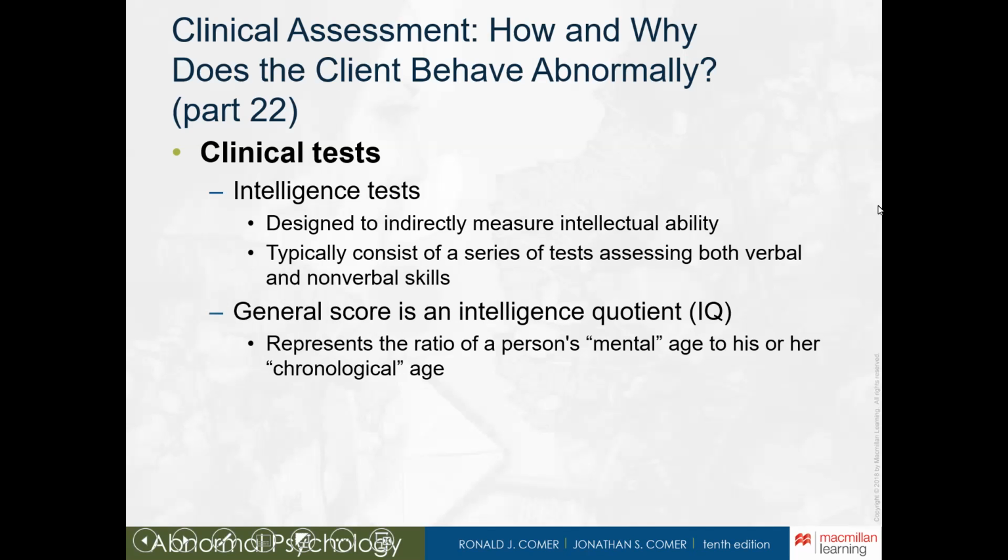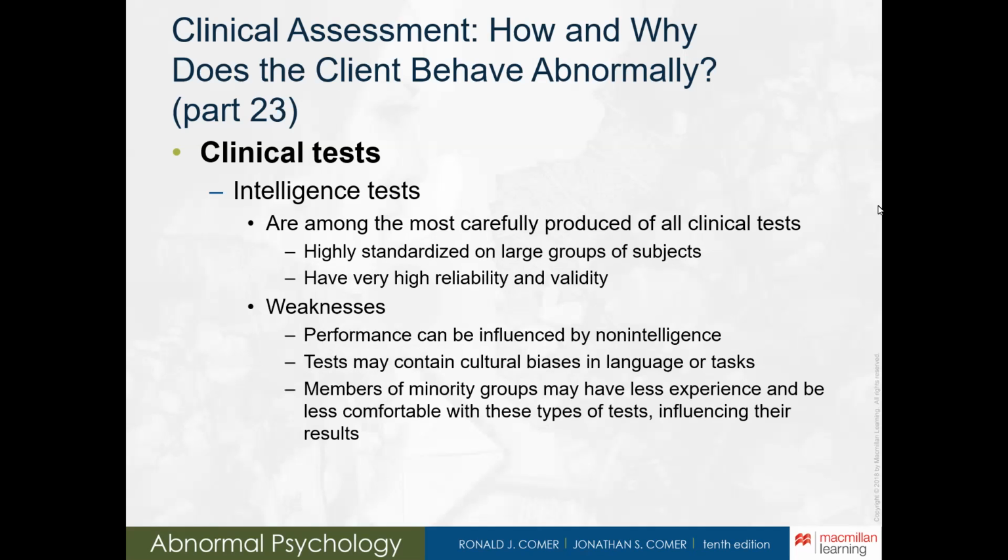We also have intelligence tests, and these are designed to indirectly measure intellectual ability. And they consist of a series of tests that are both verbal and nonverbal in assessing their skills and in utilizing these skills. When you look at the outcome, the general score is what's called the intelligence quotient or IQ, and this represents the ratio of a person's mental age to their chronological age.